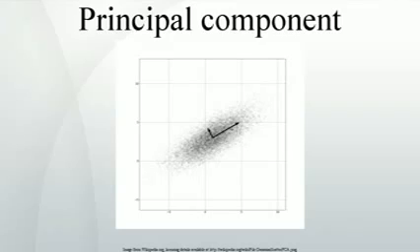Multilinear generalizations. In multilinear subspace learning, PCA is generalized to multilinear PCA, MPCA, that extracts features directly from tensor representations. MPCA is solved by performing PCA in each mode of the tensor iteratively.